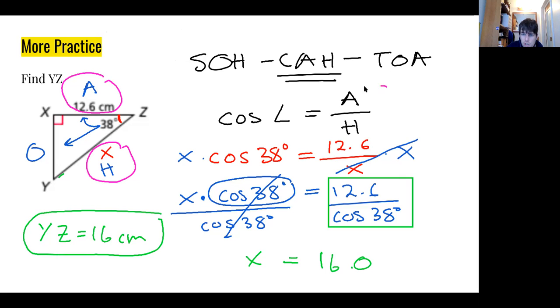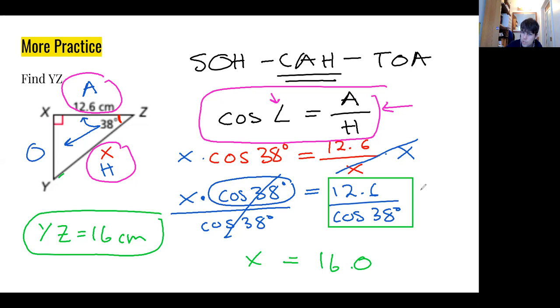One is making sure you set up your equation in the right way. The angle measurement always has to go in here with your trig function, and then your trig ratio always needs to include one side that you know and one side that you want to know. And this is the way you'll set up your equation: trig function, angle, ratio.